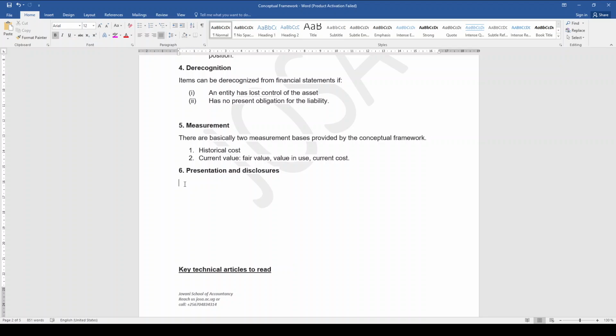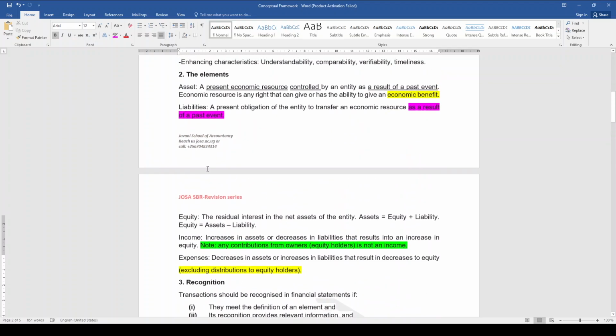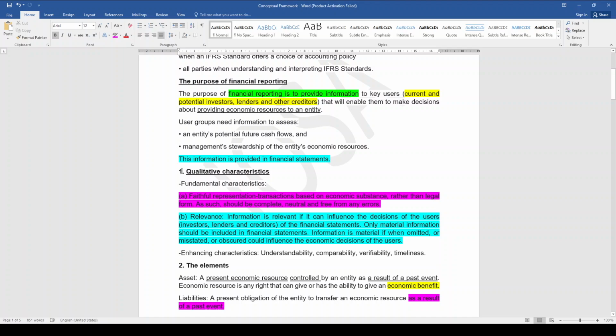And what is very important for us to note is we only do reclassification to profit or loss if doing so would provide relevant information. In whatever decision we take, we always refer to the qualitative characteristics of financial statements.